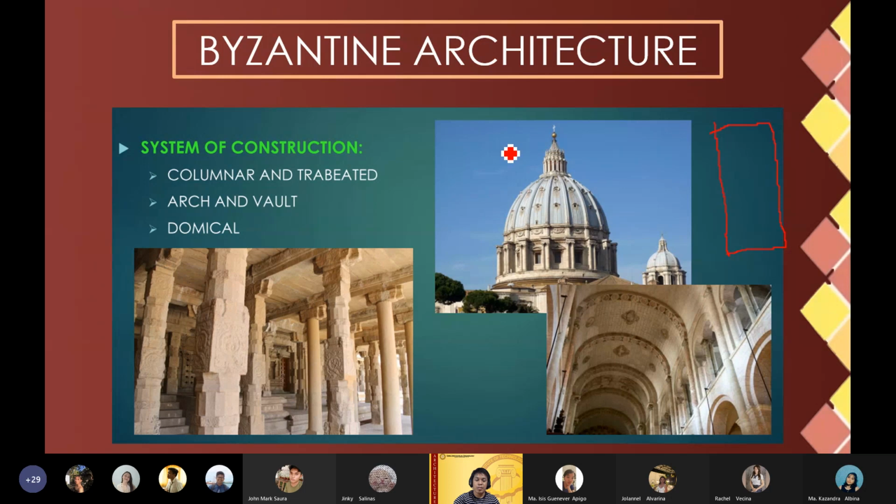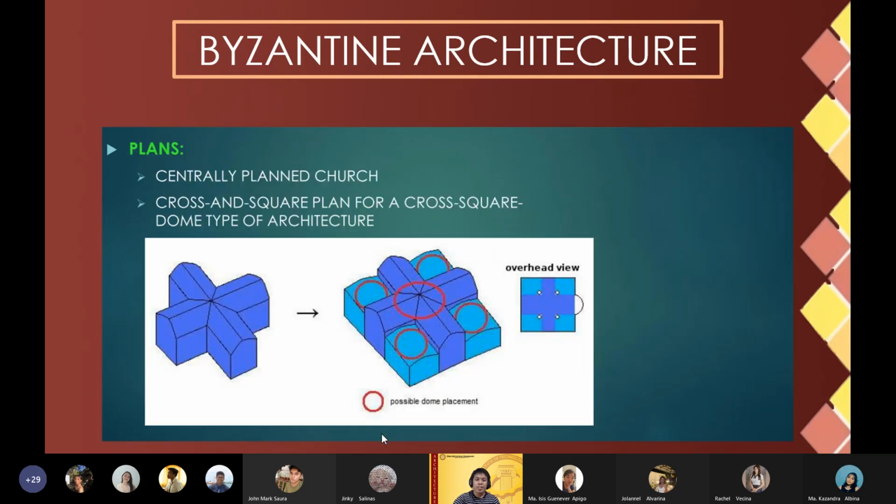In top view, their roofing is gable. That is in early Christian architecture. But in Byzantine architecture, they have dome or domical roofing.